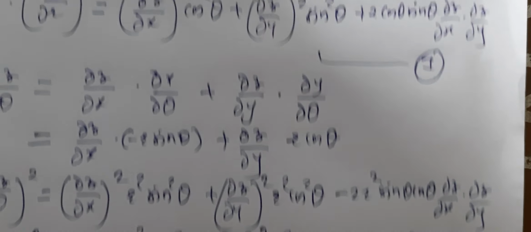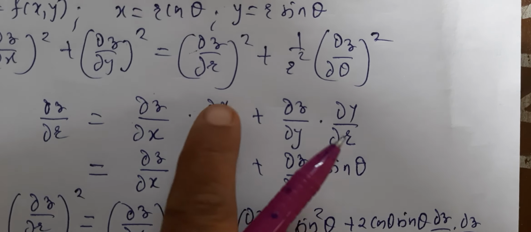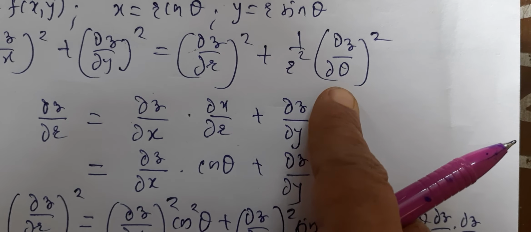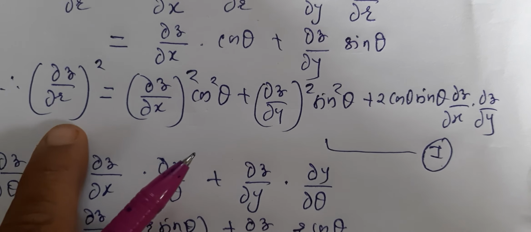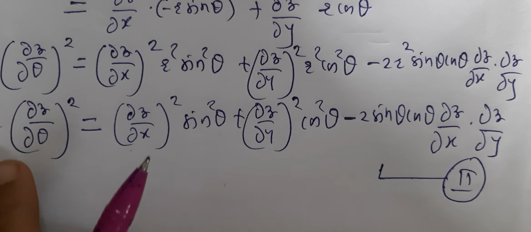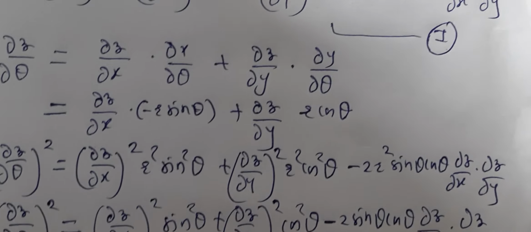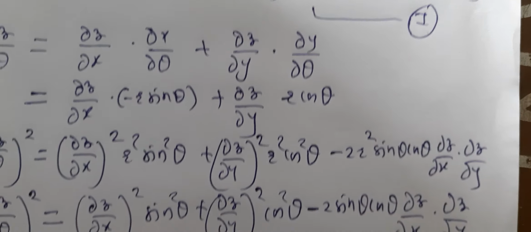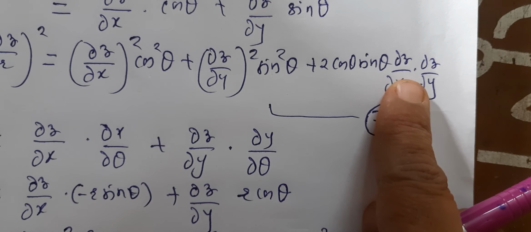See properly again what we want. We want to find out (∂z/∂r) whole square plus 1 upon r square (∂z/∂theta) whole square. Look at this, (∂z/∂r) whole square, and you can see that is 1 upon r square (∂z/∂theta) whole square, and when you add them, this term is cancelled, minus 2 sin theta cos theta, here it is plus 2.